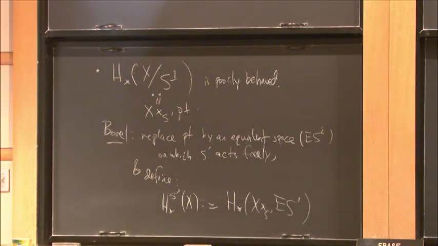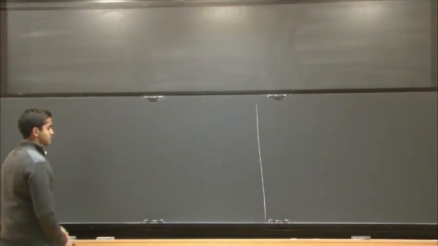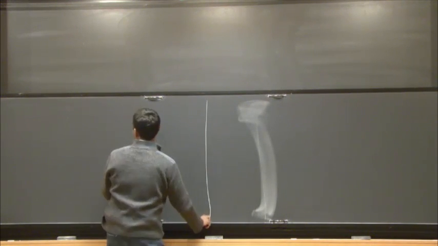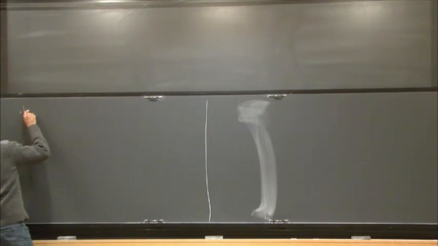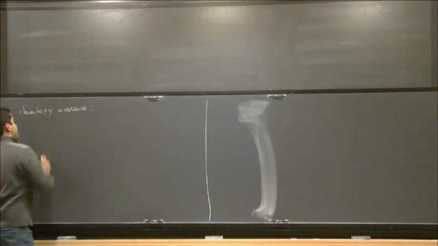Okay, and so the relevant properties for us are the following. The main one is homotopy invariance, and by this I mean the following.